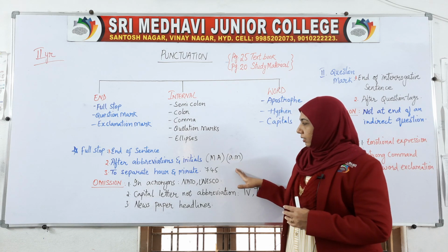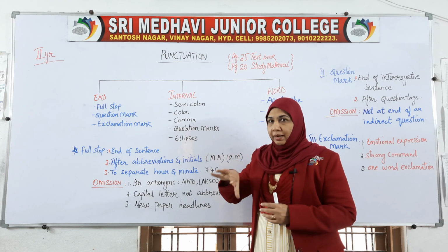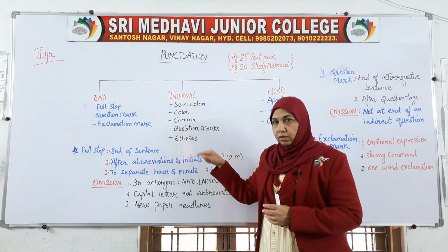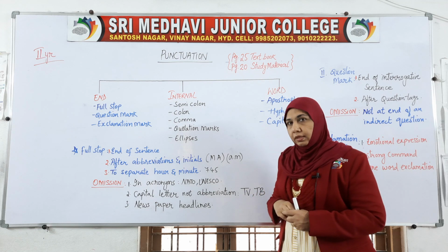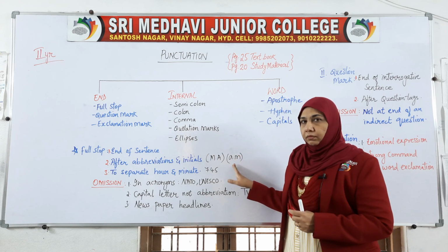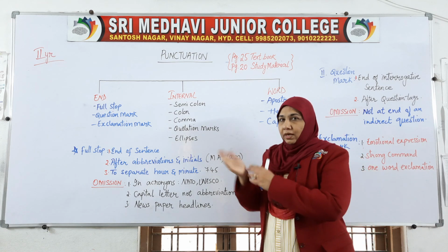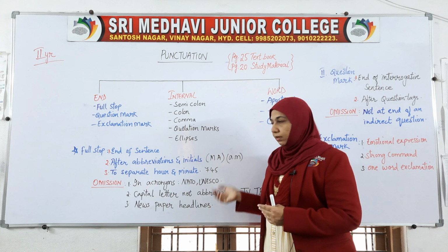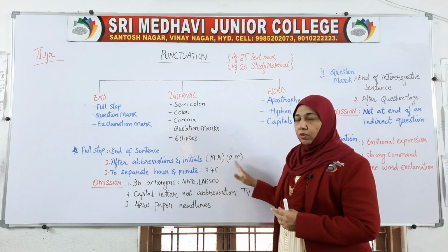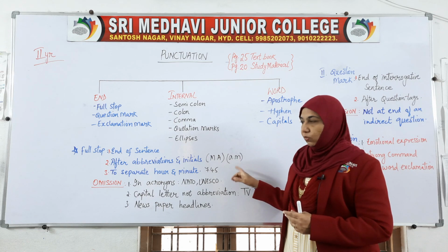Initials are like when you write your name, M. Srinivas: M, then a dot, then the name Srinivas. Similarly AM, ante meridiem, and PM, post meridiem. For AM also we use the full stop in between.